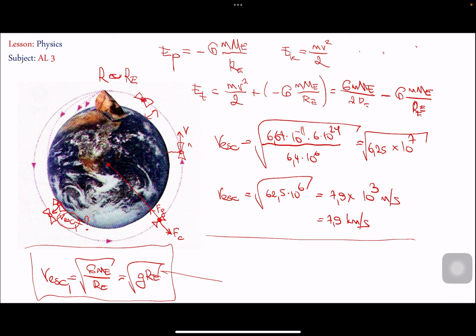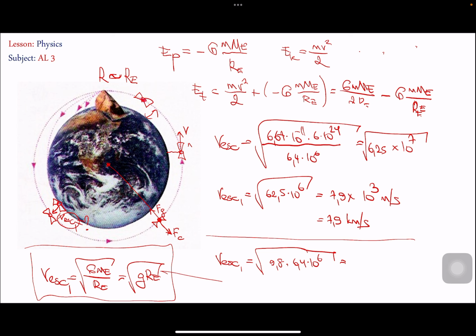Of course, I can calculate the escape speed one, let me write it as escape speed one, in terms of gravity only. If I plug the gravity in here, that is 9.8, I will write it in more precise value, and times 6.4 times 10 to the power of 6 in meters. Of course, I have to convert it to meters. So 9.8.